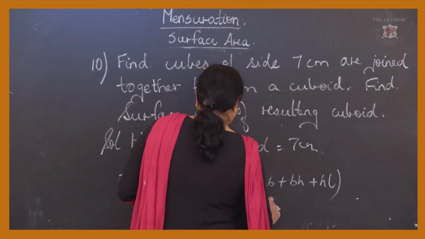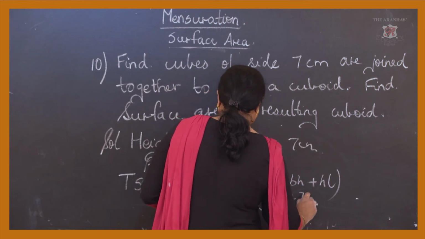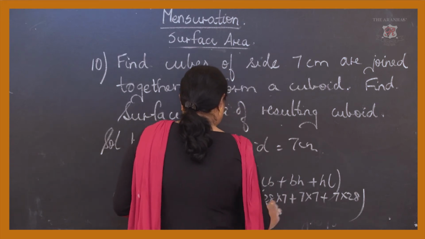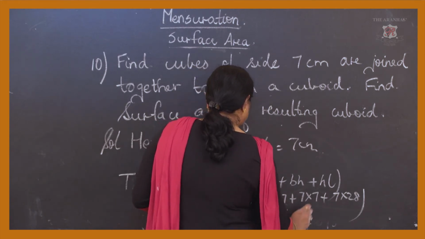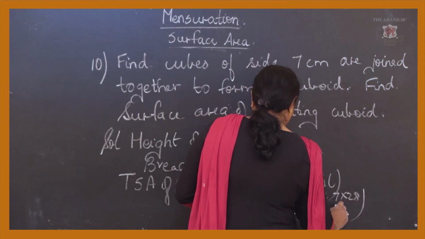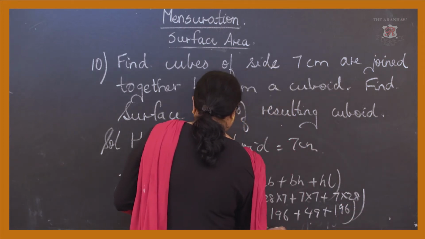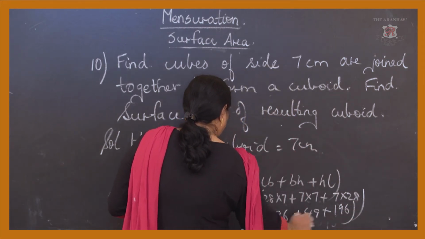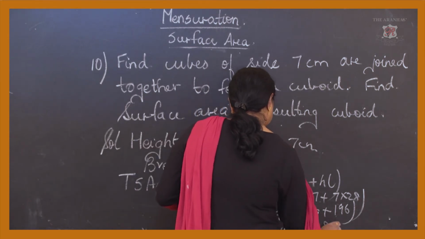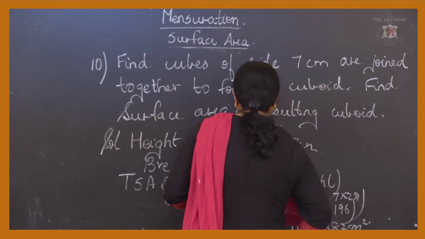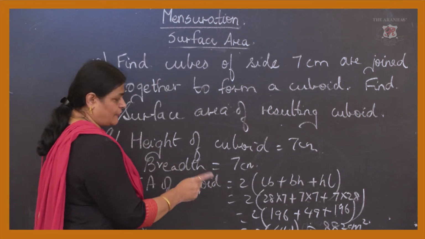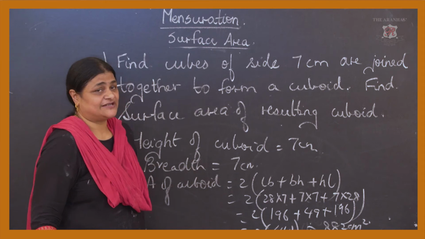That is equal to 2 into 28 into 7 plus 7 into 7 plus 7 into 28. 2 into 28 into 7 will be 196. 7 7s are 49 plus 28 into 7 will be 196. When you add everything together, 441, that is equal to 882 centimeter square. Okay, so now over here, that means your surface area of the resulting cuboid will be 882 centimeter square.